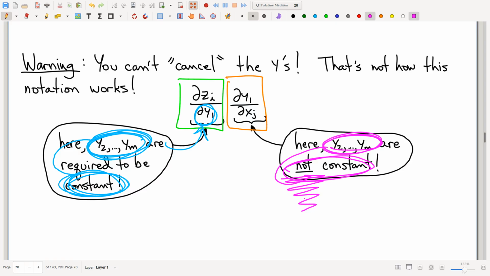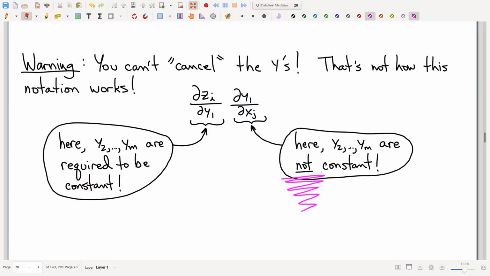It's like if you're reading two books, and there's a character named Steve in each book. Yeah, they're not the same guy. So, same deal here. These two partial y1s, same name, different critters. So, you can't cancel them because they're not the same thing. And yeah, the notation makes it look like they are, but they aren't. And yes, I too am frustrated by the awkwardness of the notation.